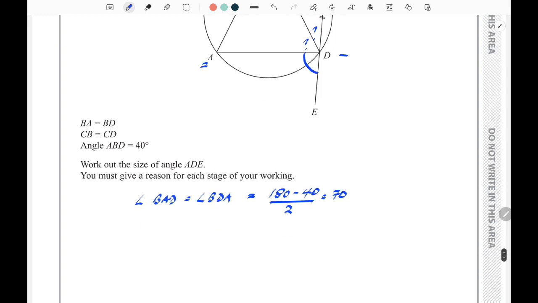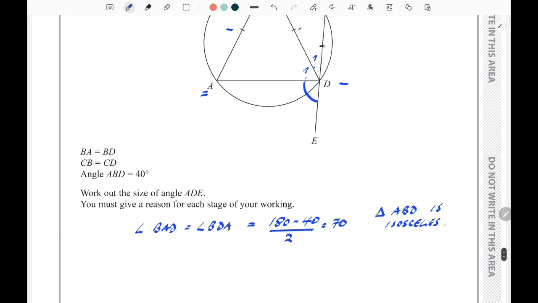And the reason for that is that triangle ABD is isosceles. Okay, that's the first point we want to make.